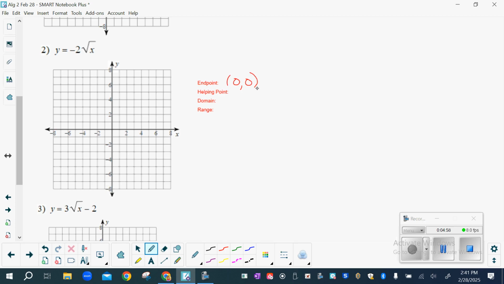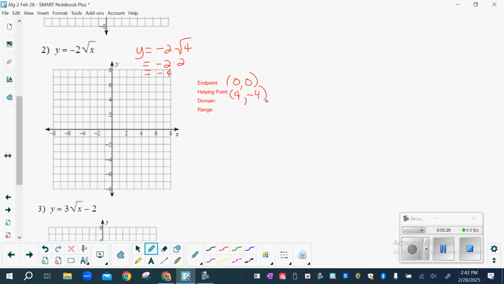So this -2 doesn't affect my endpoint. What it affects is the shape of the graph. So my helping point, what would be a number I could put? You could put 4. So 4, and then y equals -2 times square root 4. So 4, -4 as Aiden said.